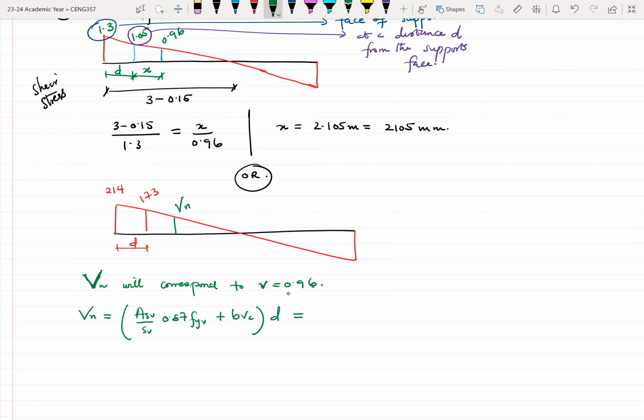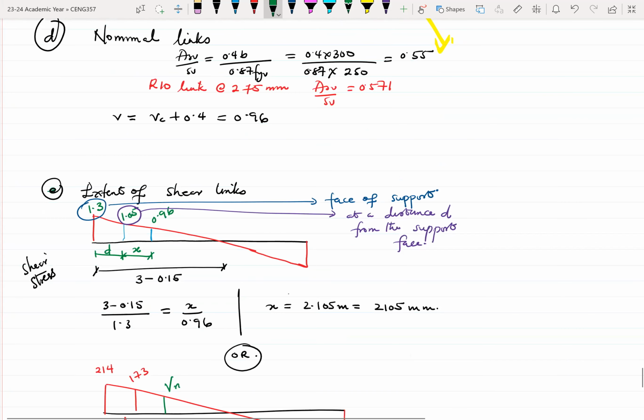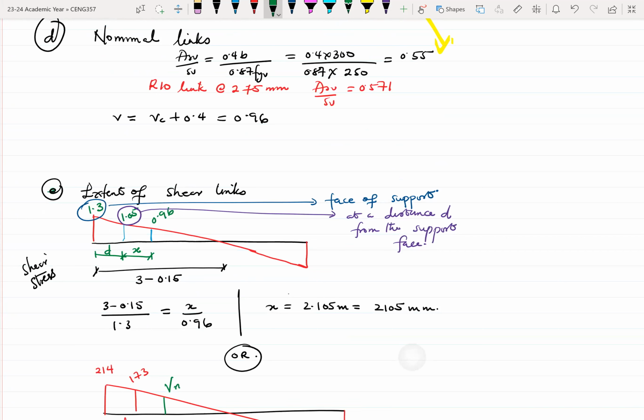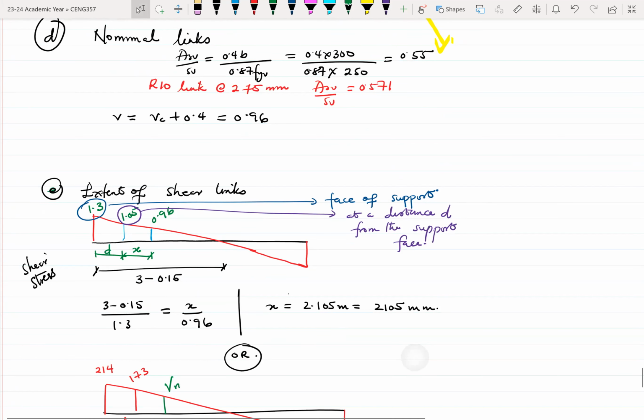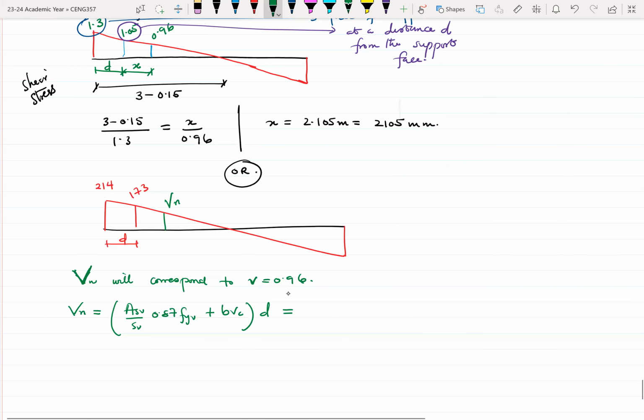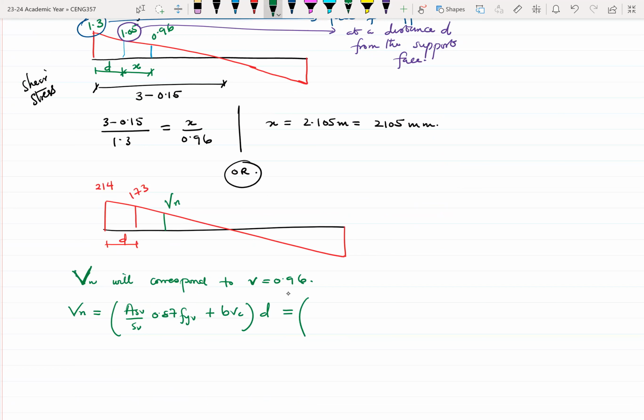What was our Asv? Let me make sure I'm using the right Asv. For the nominal links, my Asv was 0.55, and I chose 0.571. You have slight differences from my answer, it's fine because I'm doing a lot of approximation.